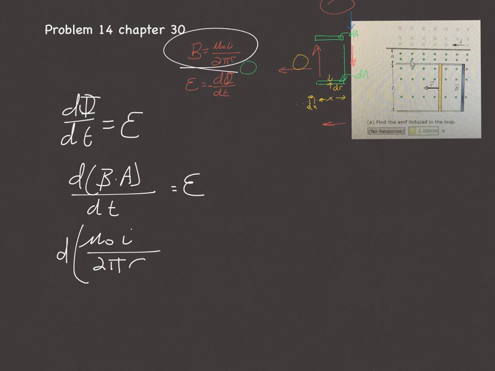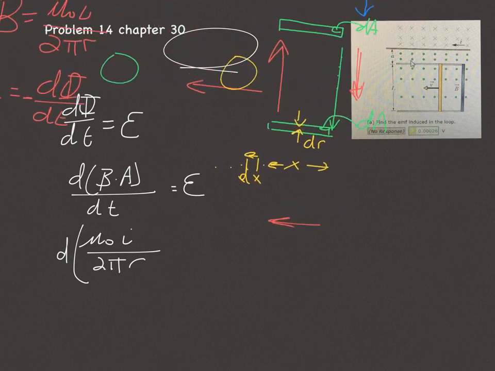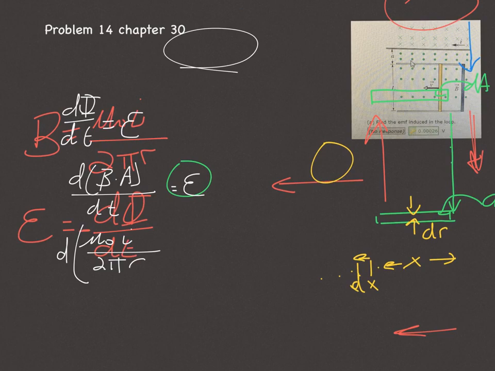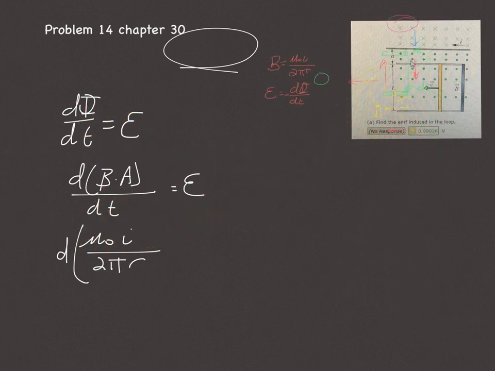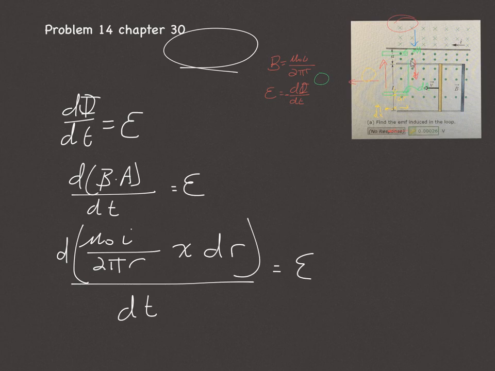And our A, so from one of these little spaces here, the area of that little rectangle is going to be x dr. So x distance from here to here, x times dr. So again, just plugged in for B, plugged in the area.